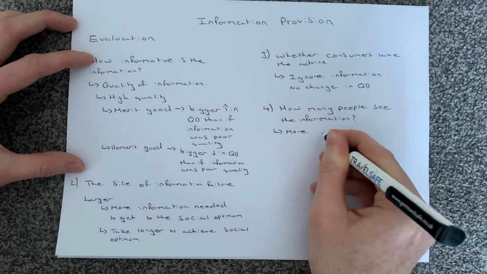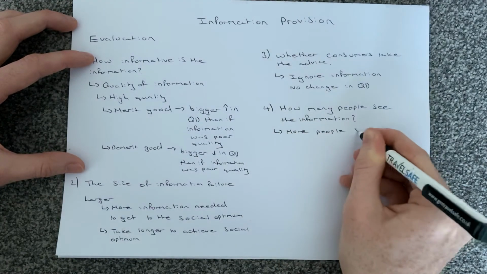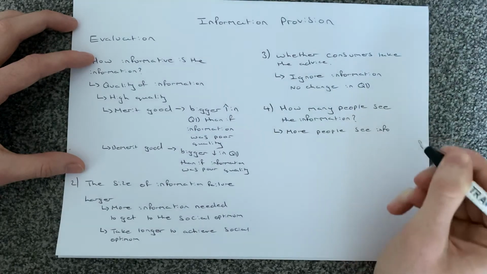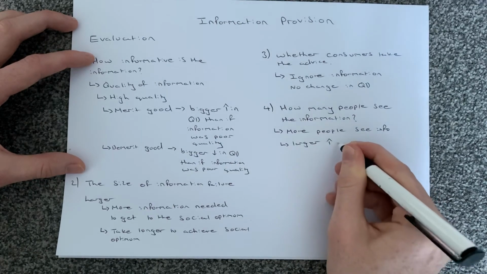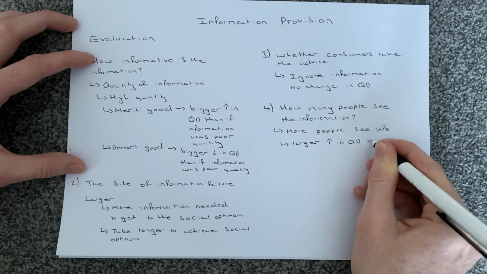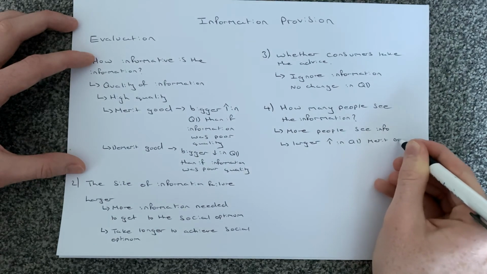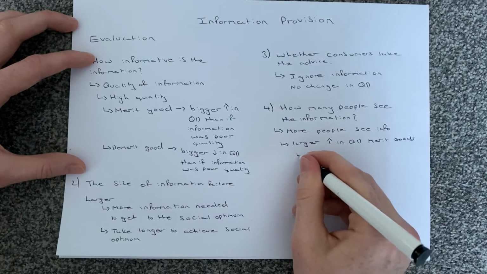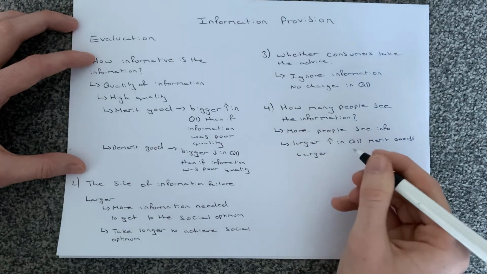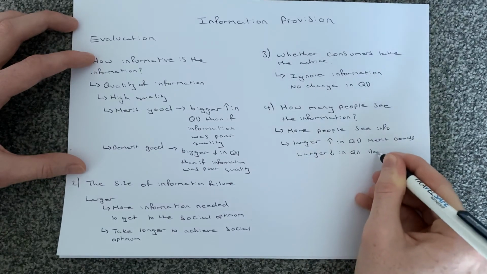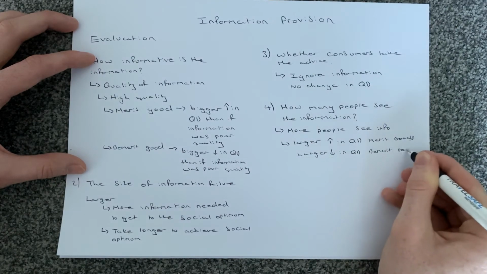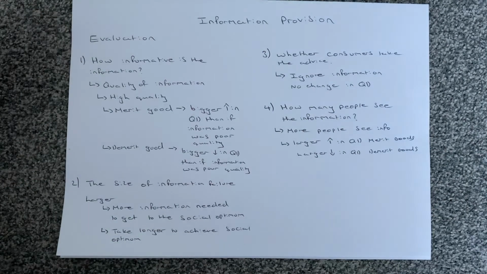So the more people see the info, the larger the increase in QD, and that refers to merit goods. The more people see, the larger the decrease in the quantity demanded of demerit goods. So how many people see the information is going to determine the impact on quantity demanded.